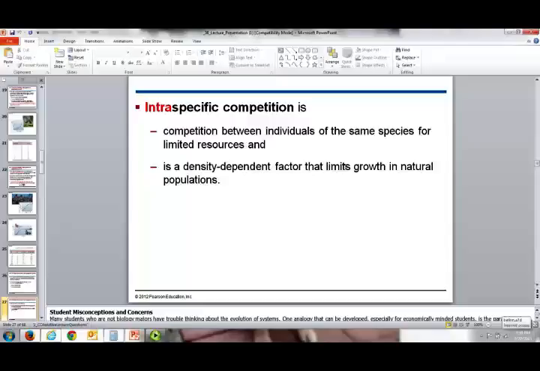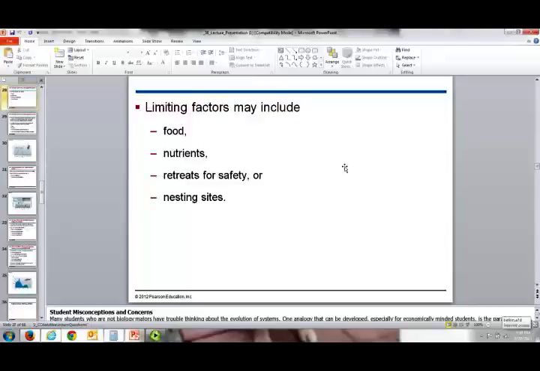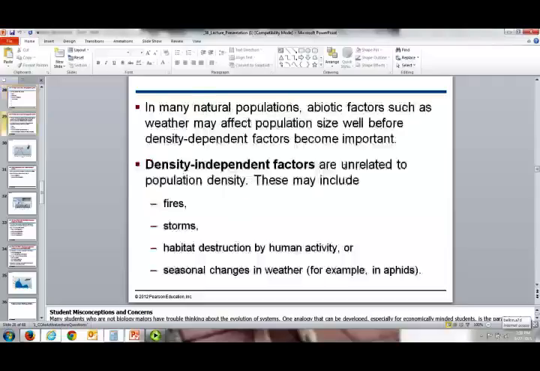With intraspecific, the competition is between individuals of the same species for limited resources. This is a density-dependent factor that would limit growth in that natural population. These factors could include the amount of food and nutrients, their ability to find a safe place to hide, and an area to nest and breed. All are important and would be influenced by the number of individuals in that population.